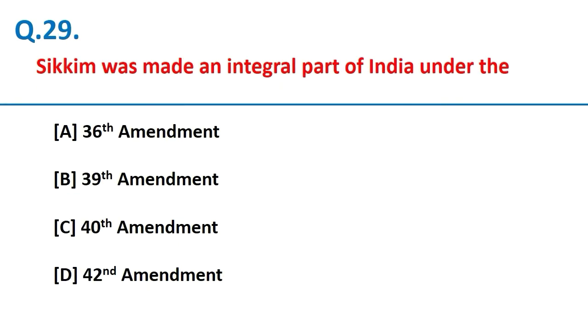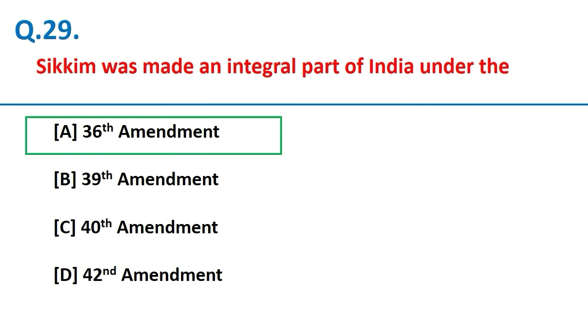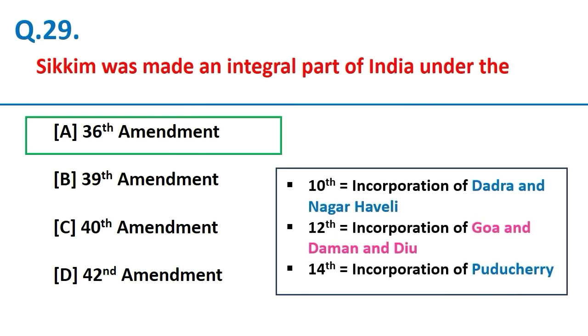Sikkim was made an integral part of India under the 36th Amendment. Friends, 10th Amendment deals with the incorporation of Dadra Nagar Haveli. 12th Amendment deals with the incorporation of Goa, Daman and Diu. 14th Amendment Act deals with the incorporation of Puducherry.